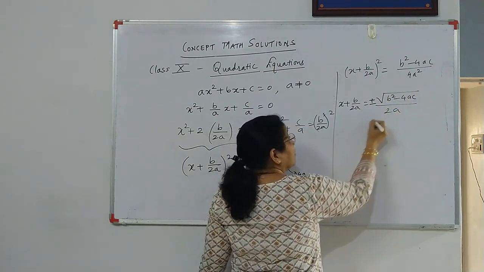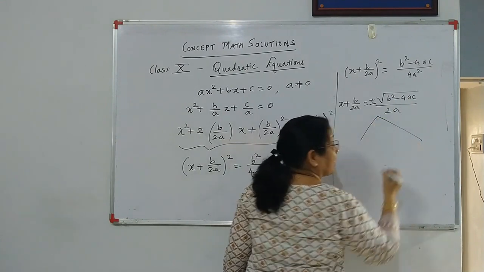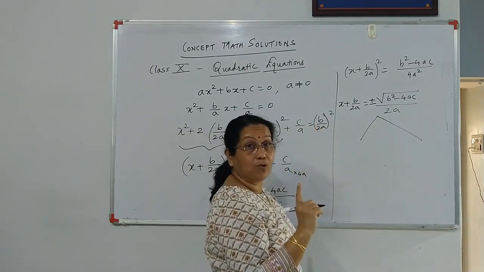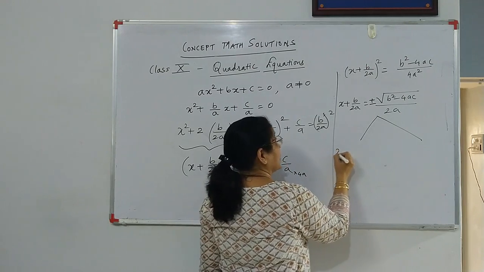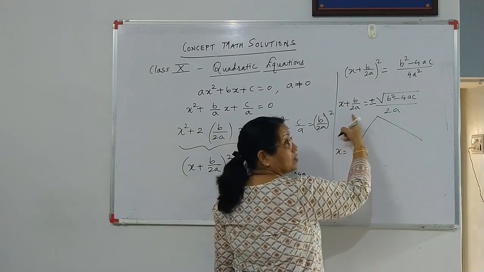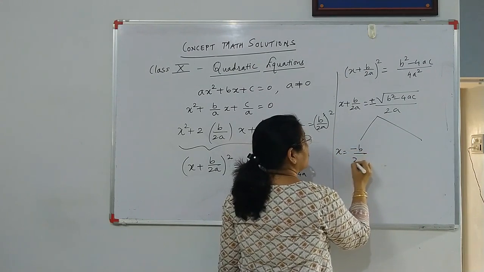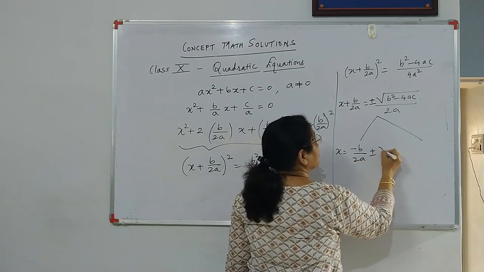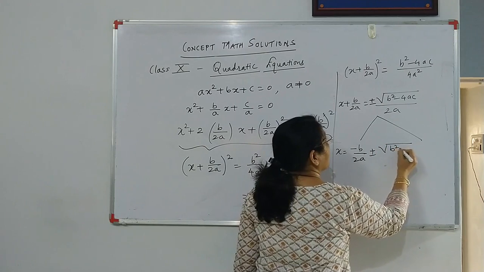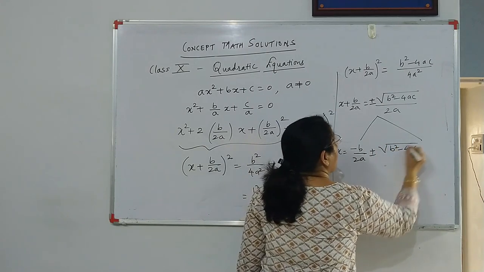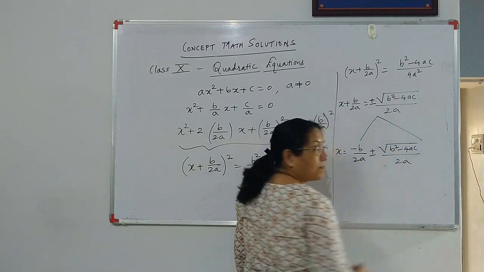That gives me two solutions; quadratic being degree 2, it will have two roots. So x equal to, this goes on the other side in subtraction, so minus b by 2a plus minus root of b square minus 4ac upon 2a.